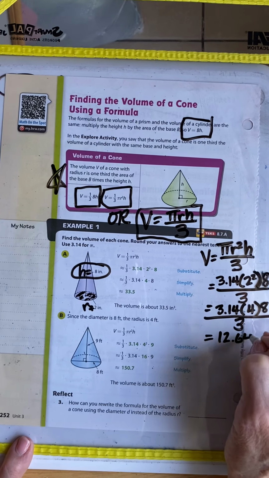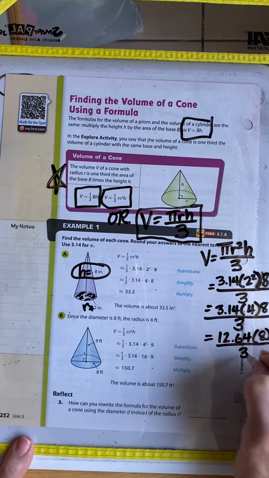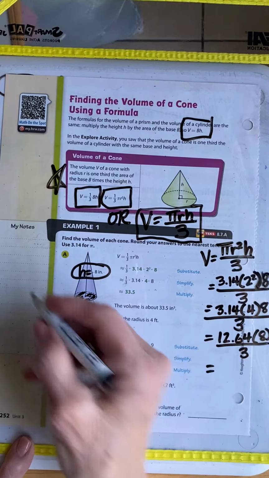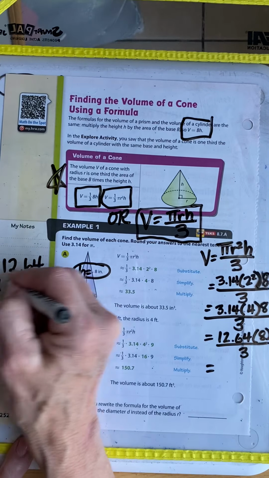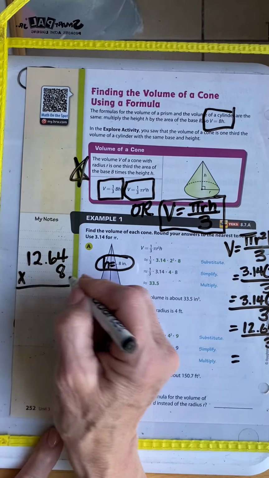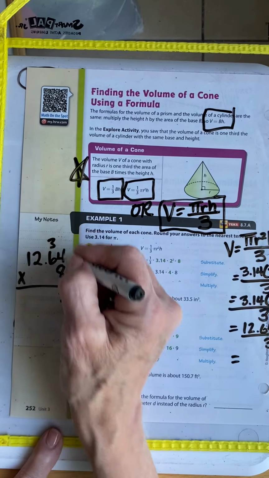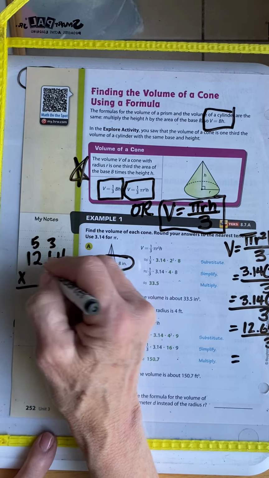12.64 times 8, all divided by 3. I'm just going with it because I want to. Times 8. Booyah. 2, 3, 48, 51, carry 5. There you go.